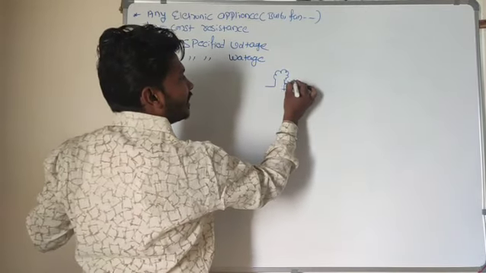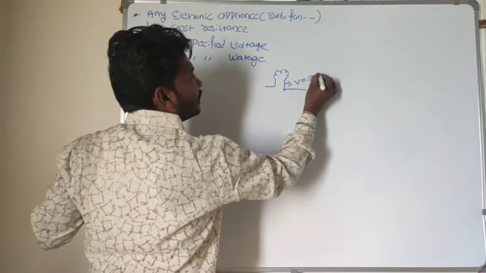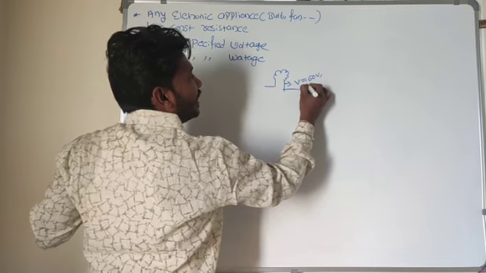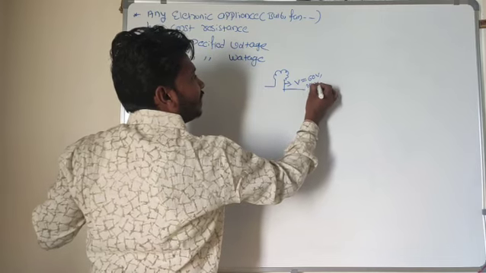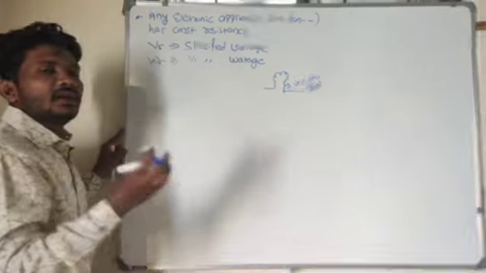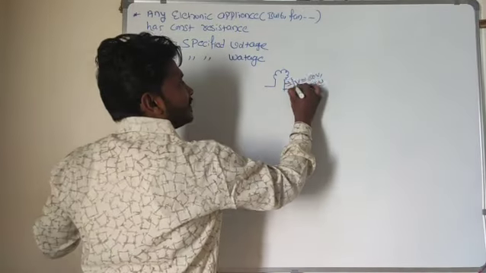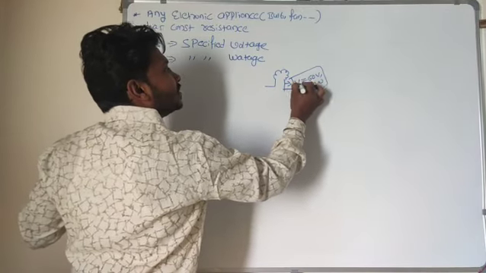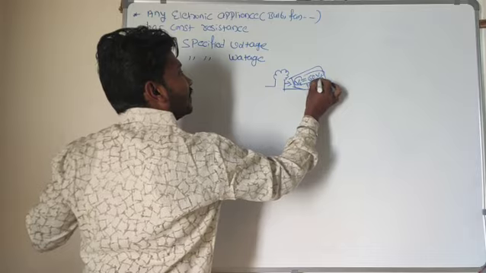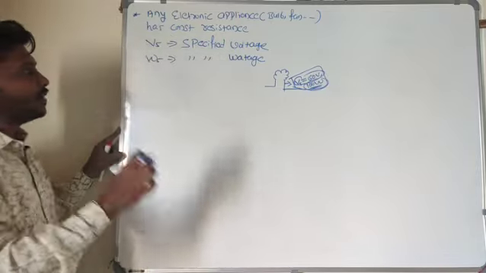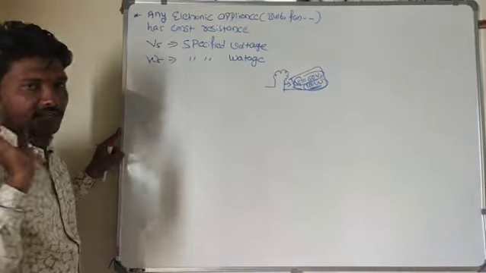You can observe clearly, for example, the voltage of the bulb is 60 volt and it consists of 100 watt. So the power of the bulb is 100 watt. They specify this on the appliance. So that voltage is the specified voltage and this power is the specified power or specified wattage.